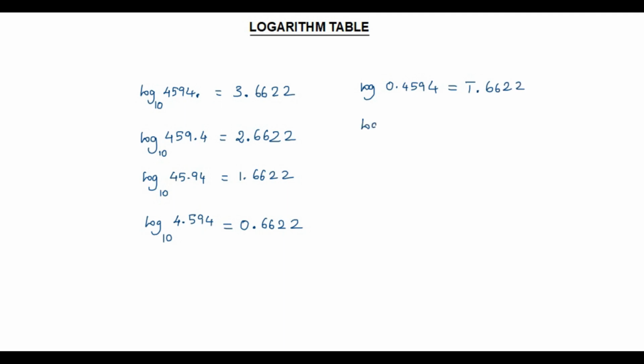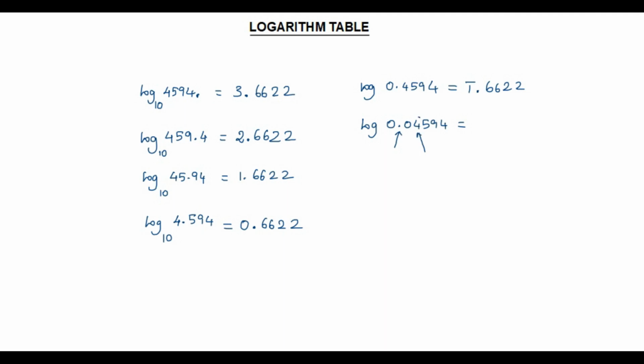Okay, let's look at the next example. There is log 0.04594. Here also we don't have any digits before the decimal point. And also the first digit after the decimal point is 0. If you don't have any digits before the decimal point and the first digit after the decimal point is 0, what we need to do is count the number of zeros between the decimal point and the first non-zero digit.